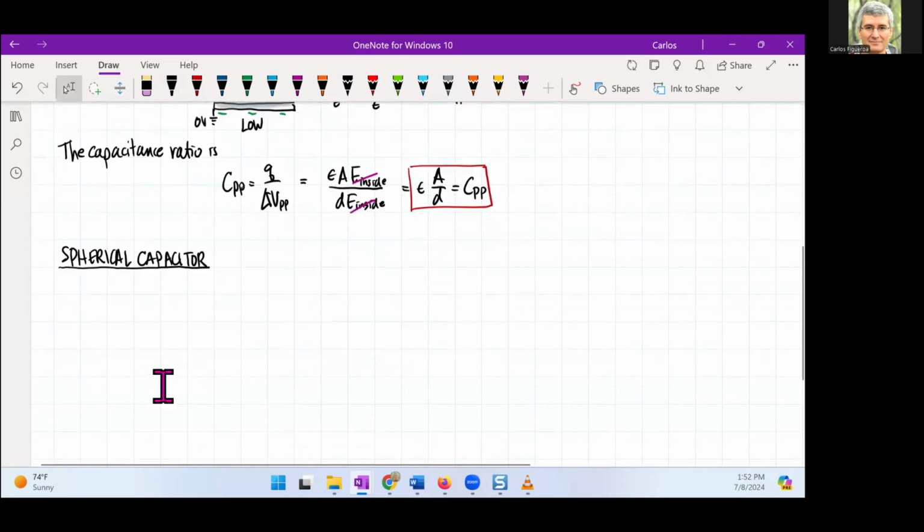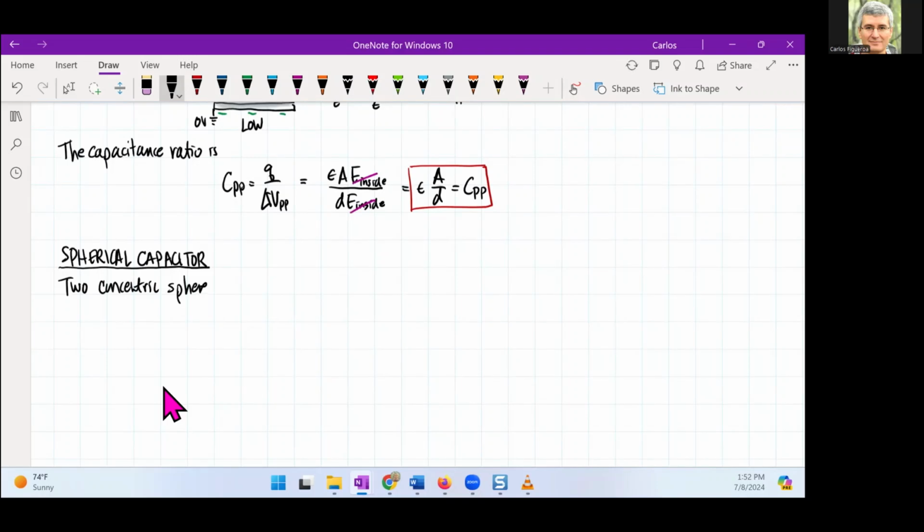So if I have a spherical capacitor, we have two concentric spheres separated by a dielectric.